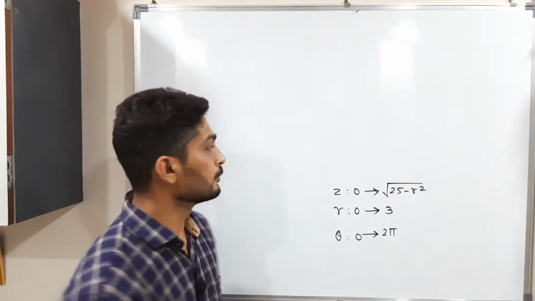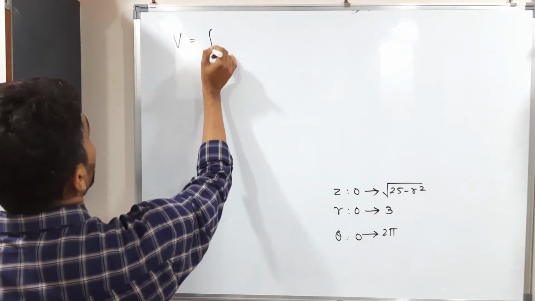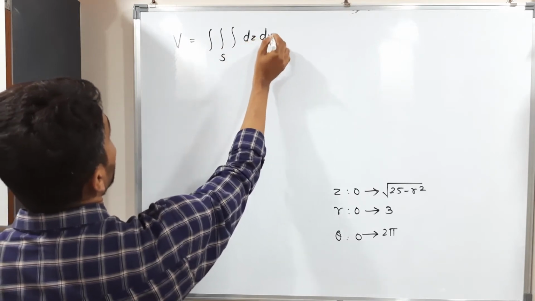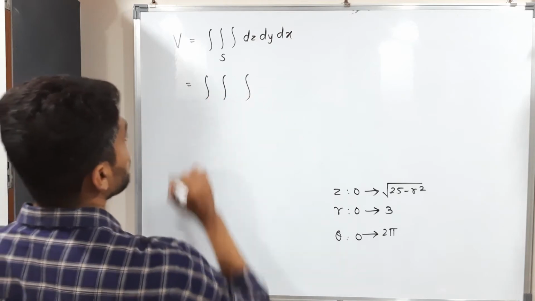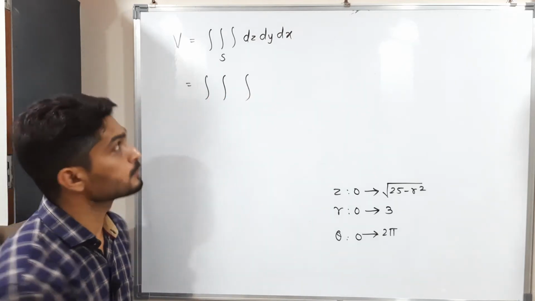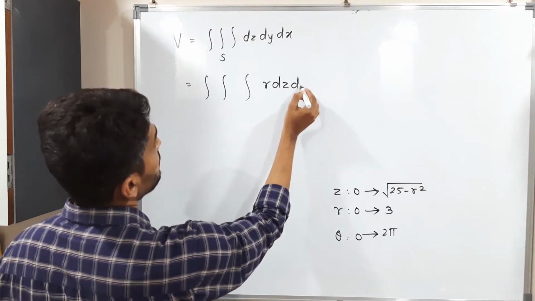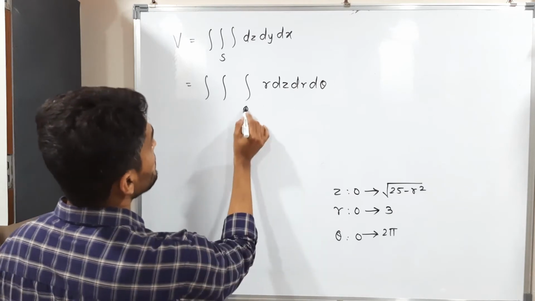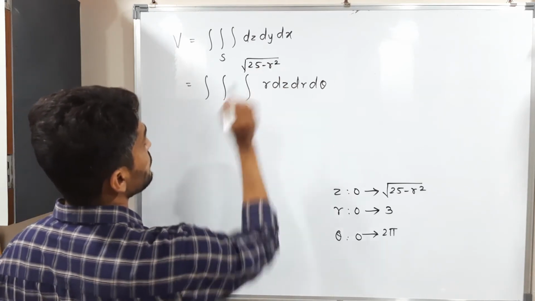So let us find the volume now. As I told you, what is the formula of volume? Triple integration over S dz dy dx. But we have converted this problem into the cylindrical coordinate system. So dz dy dx means r dz dr d theta. What are the limits of z? 0 to root 25 minus r square.